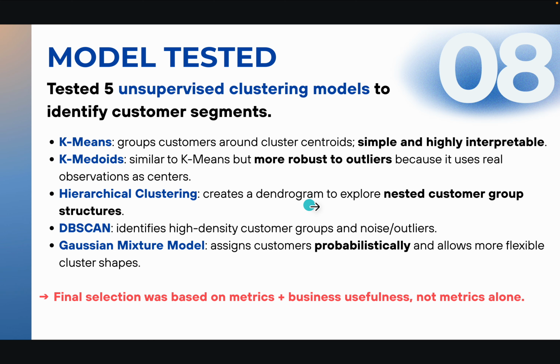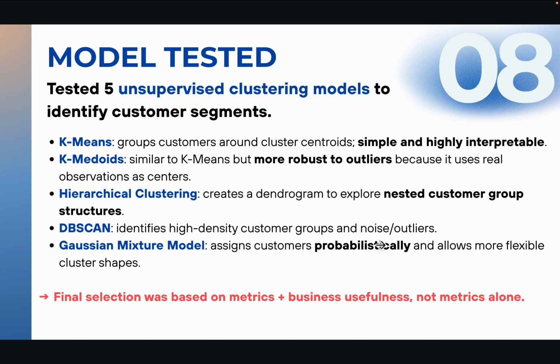Each of these models delivers unique advantages, but the final model was chosen not only based on statistical metrics but also on business usefulness, because the final goal is to deploy the model in practice. So it must deliver business meaning as well.